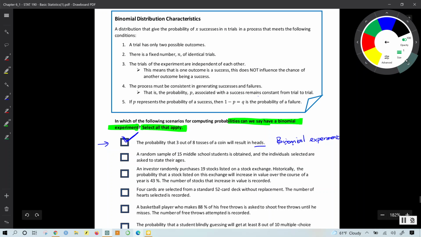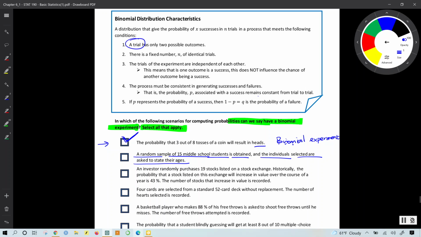In the next example, we are told that a random sample of 15 middle school students is obtained, and the individuals selected are asked to state their ages. Well, this is where we begin again. What is a trial in this case? It will be asking each of the 15 students to state their ages.